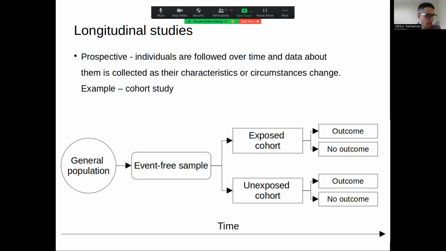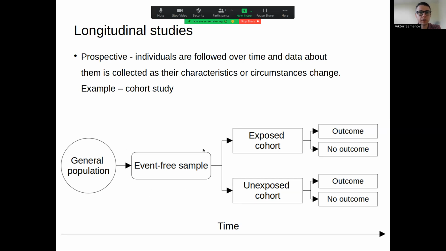A cohort study is very understandable and pretty simple, in a way, because what it does is take from the general population some pool of participants to form an event-free sample.